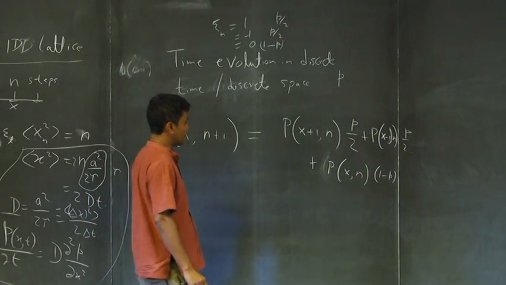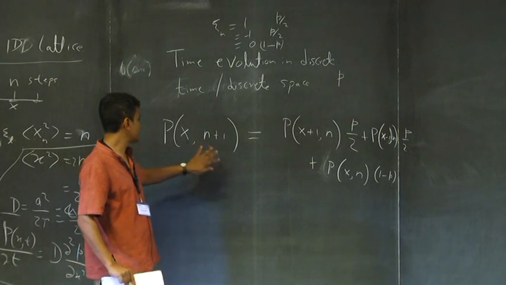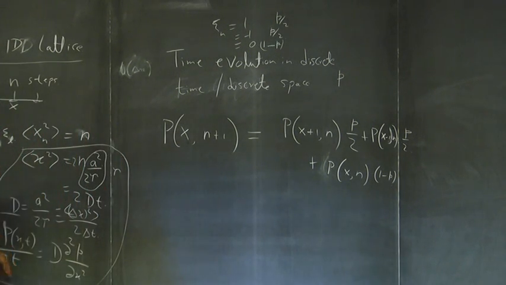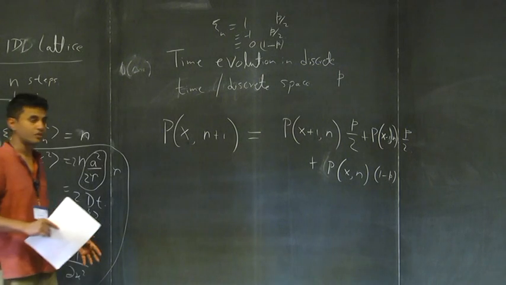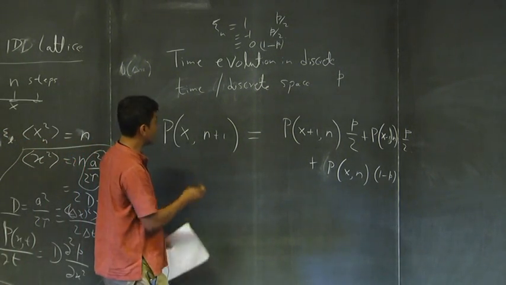Okay, so now what can we do with this equation? First I will show that from this equation you can derive this equation if you go to the continuum limit, which is straightforward.